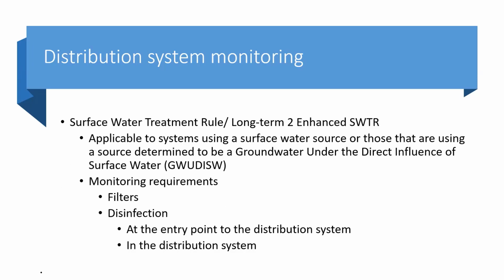The surface water treatment rule, on the other hand, is applicable to systems that use surface water or those that are a groundwater supply under the direct influence of surface water.